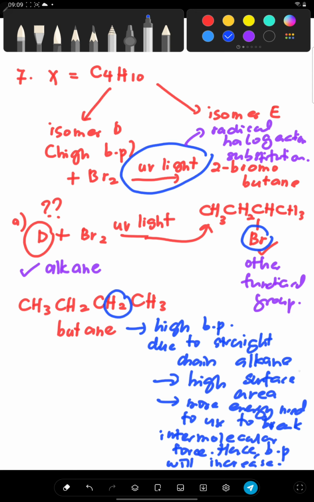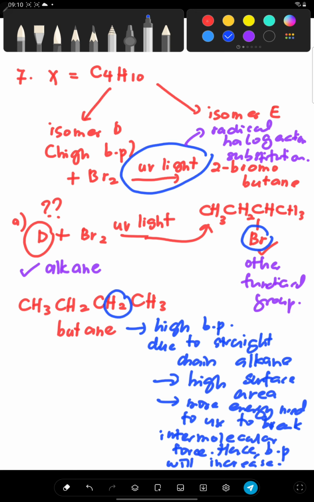Actually, I want to explain to you why the question states that butane possesses high BP compared to isomer E. So what is isomer E? In this question, it produces two structural isomers D and E. To draw isomer E, basically it is the same molecular formula but different arrangement of atoms in the structure.